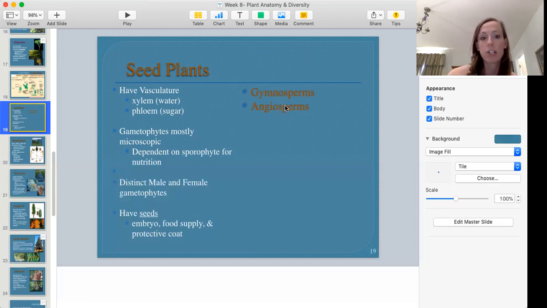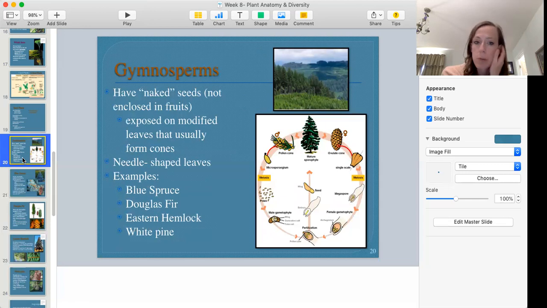Like I said, we're going to look at gymnosperms and angiosperms. So first, gymnosperms. What this means is that they don't have a seed contained within a fruit, within an ovary, whereas angiosperms have flowers that hold fruits, and enclosed within that fruit is where you'll find the seed.